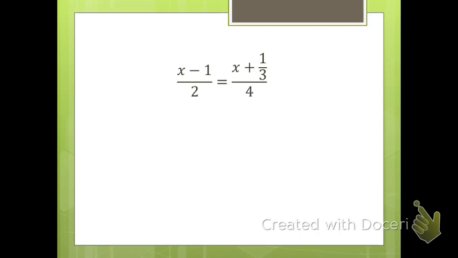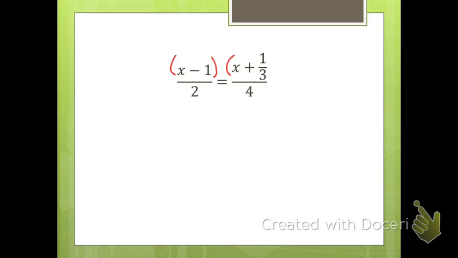These examples are going to be a little bit more complicated, but we'll see that they are just linear equations that we can work to find a solution. So we're going to assume that there's some x that will make this true, and I'm going to use that multiplication property of proportions to solve it.